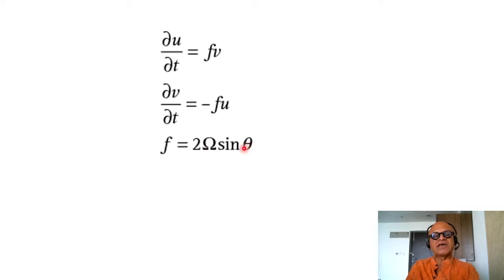So sine theta is 0 at the equator, f is 0, sine theta is 1 at the poles, so you get rotational effect to be 2 omega. There are some ways to explain why the rotational effect is 2 times the rotation rate, which you can look up elsewhere on Google or so.